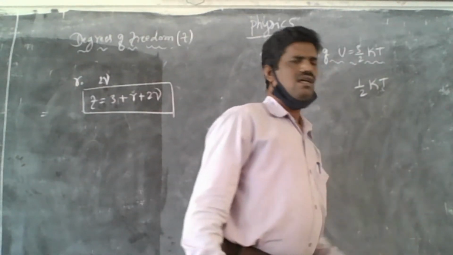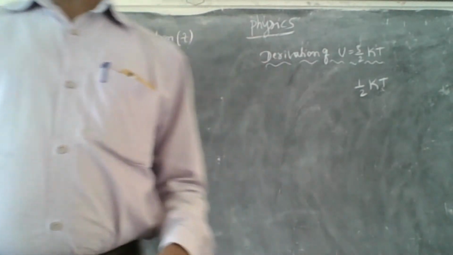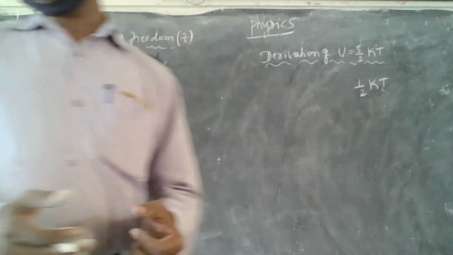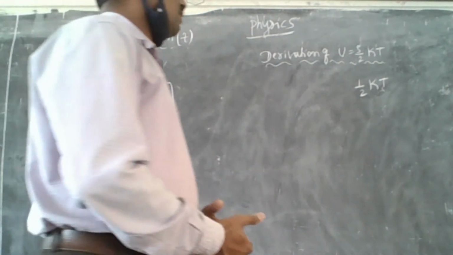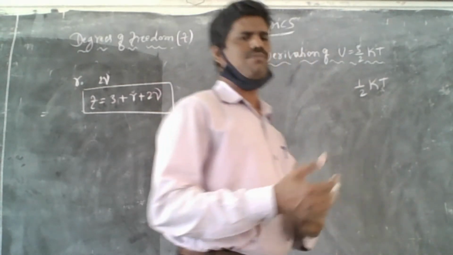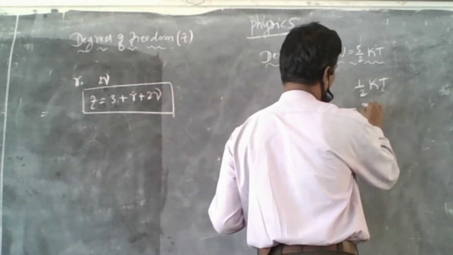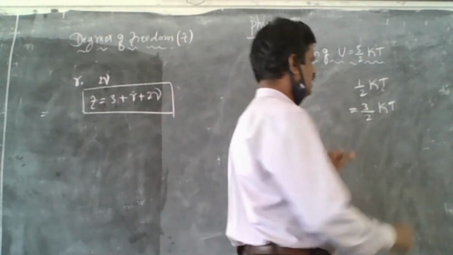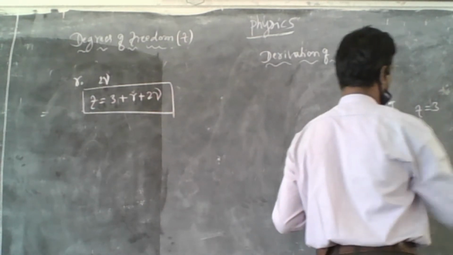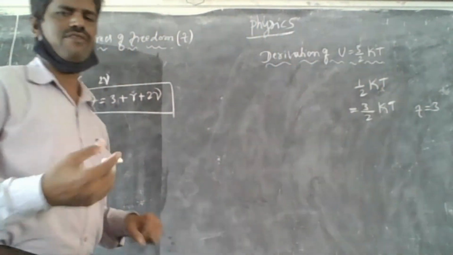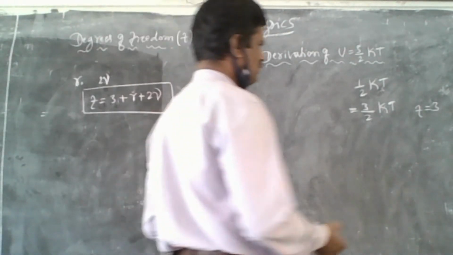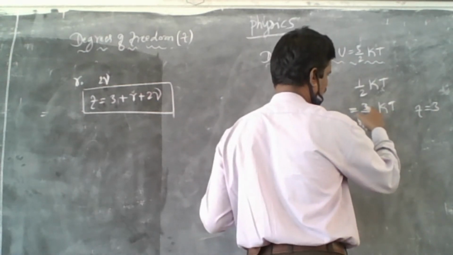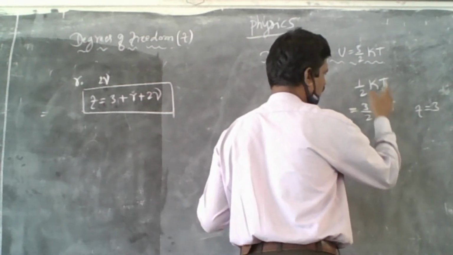T is the absolute temperature, and k is the Boltzmann's constant. So the energy associated with the 3 degrees of freedom is given by 3/2 kT, where 3 represents the degrees of freedom, F equals 3. That's why we can call it 3/2 kT.